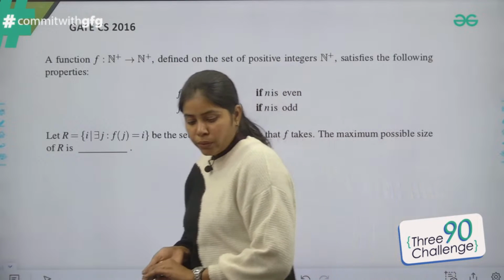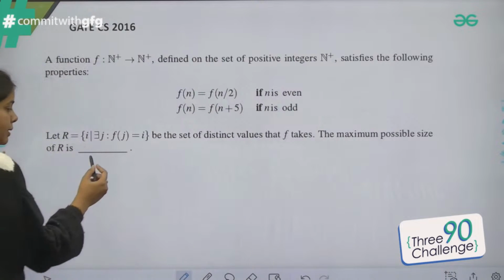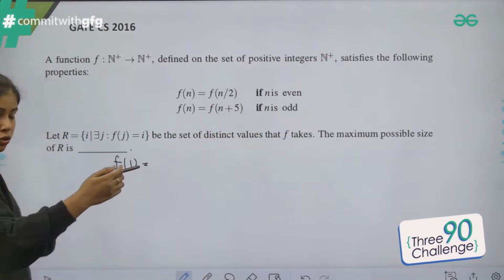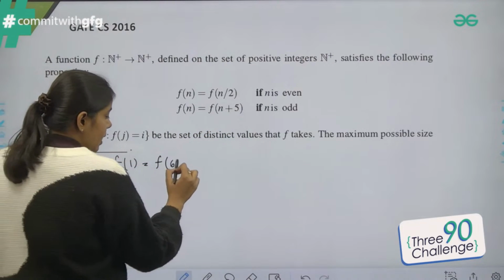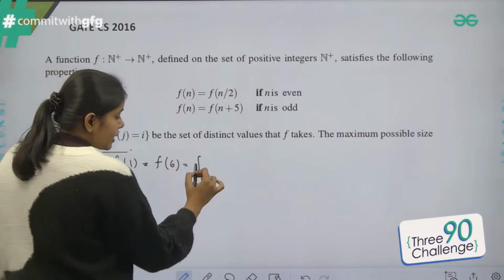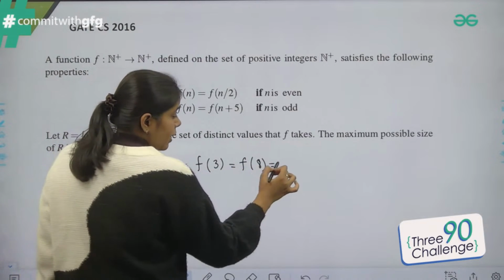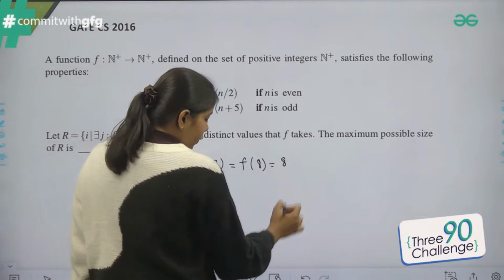What would you do here, guys? You would find out f of 1. 1 is odd, so 1 plus 5, that means f of 6. 6 is even, so 6 by 2, that is 3. 3 is odd, that means 3 plus 5, that is 8. 8 is even, that means f of 4.